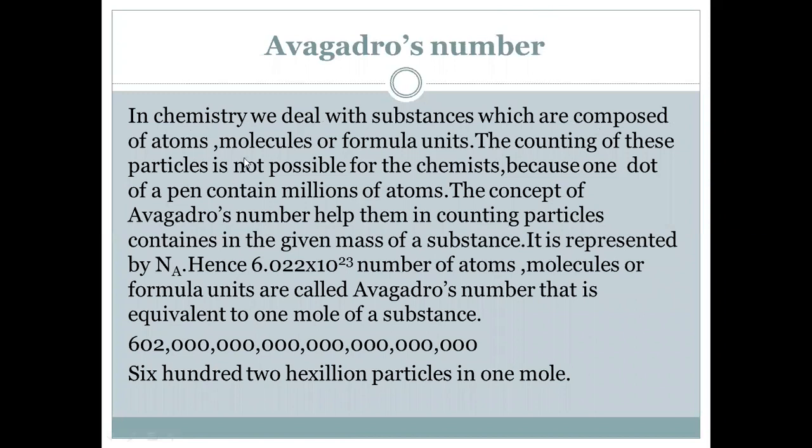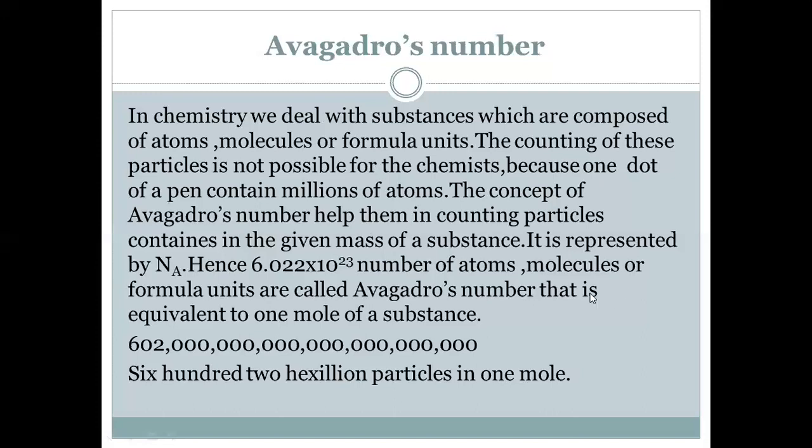Counting these particles is not possible for the chemist, because 1 dot of a pen contains millions of atoms. So how can we measure those millions of atoms? That is not possible for scientists. So the concept of Avogadro's number helped them in counting particles contained in a given mass of substance.